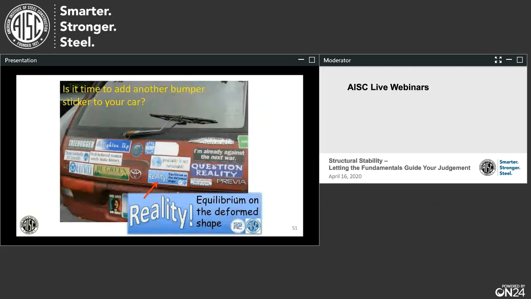I showed this slide several years ago during an AISC night school, and it's kind of a fun one just to break up your attention here and ask you, maybe it's time to add another bumper sticker to your car. As I've had an opportunity to travel both domestically and internationally, a lot of international trips lately, people often ask me, why do Americans put bumper stickers on their car? It's a beautiful car. Why would you put all these gummy stickers on there?